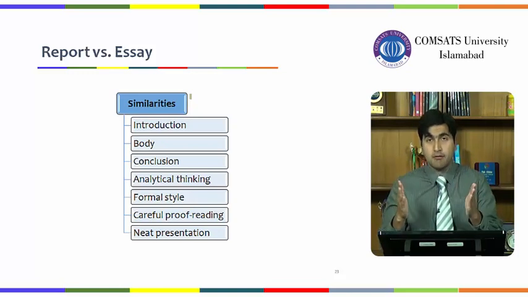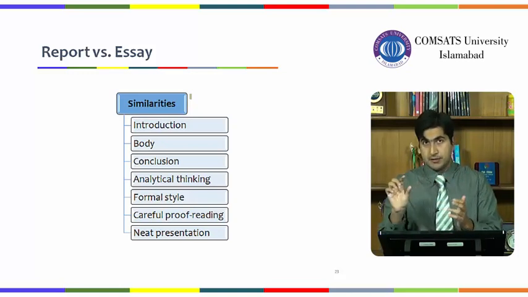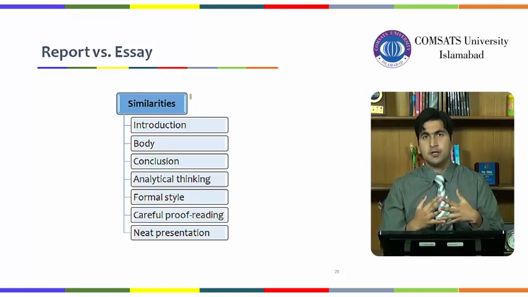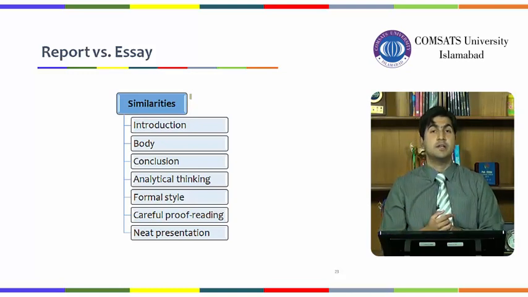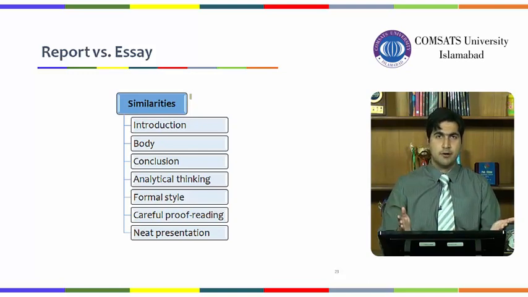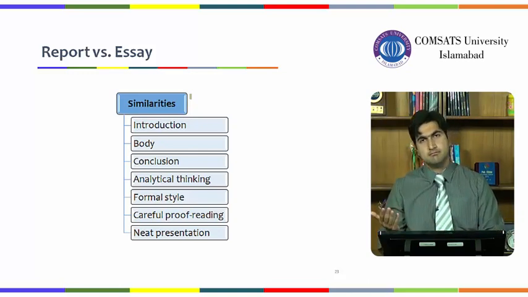And within that paragraph itself, you first provide the topic sentence and then afterwards some supporting details which are coherent with one another, as well as going in line with the topic sentence and your thesis statement. So that's the way you can see that there is always a formal style when we are talking about a report and an essay.